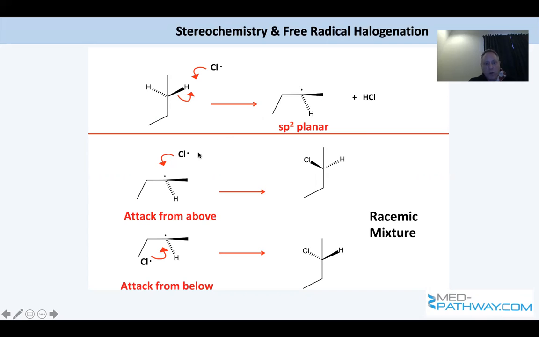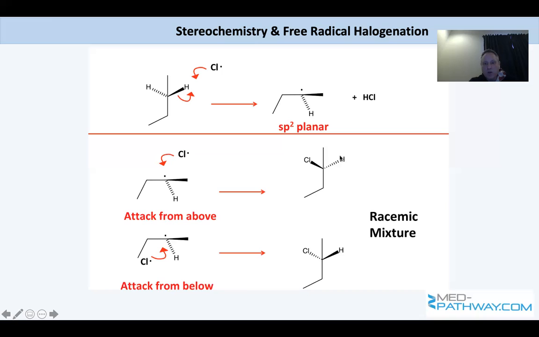But when the chlorine radical is going to attack this, it can attack from the top or the bottom, because remember, if you're planar, you can attack from the top or the bottom. And when doing so, you can make different types of bonds. So you can make a bond that projects out of the plane and one that projects in the back of the plane by virtue of the position where the attack came from.